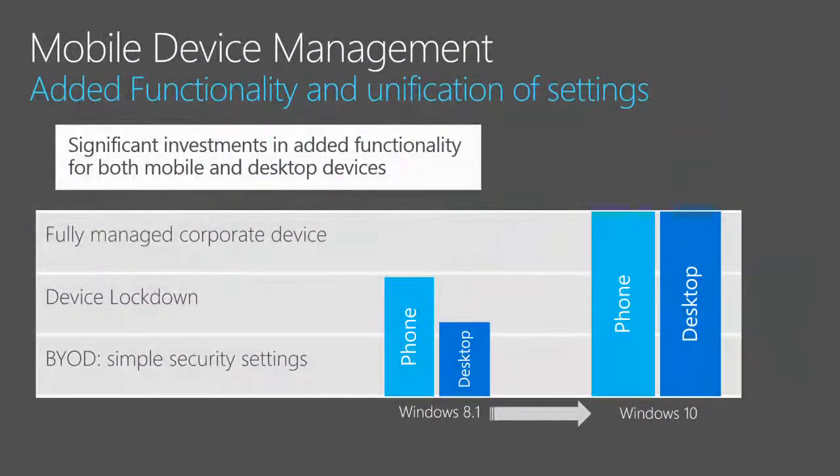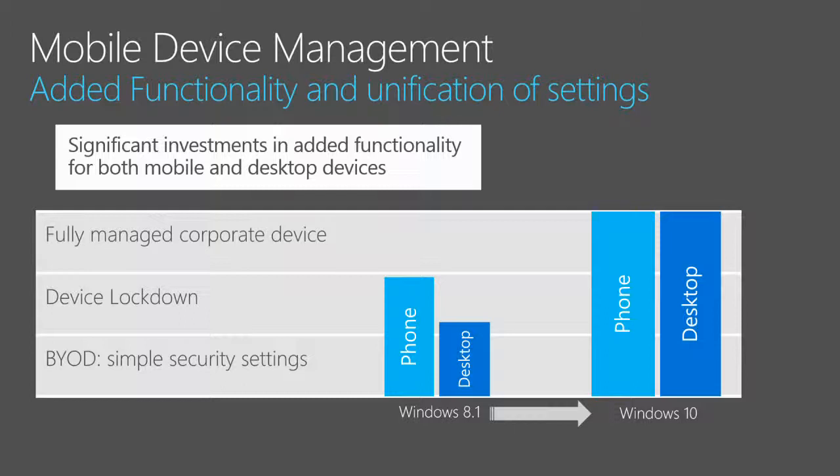So there are a lot of features and settings that you can configure today, but the investment we have put in Windows 10 is quite significant from an MDM perspective. So we've done actually two things. So first of all, we added a lot of functionalities if you want to manage your devices through a mobile way, so through an MDM. Secondly, we have done a unification through all the settings.